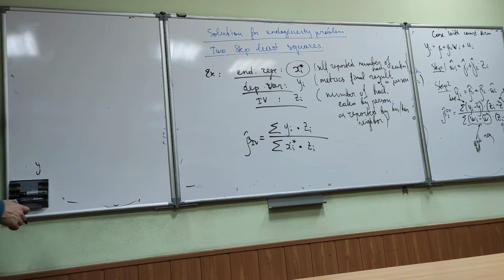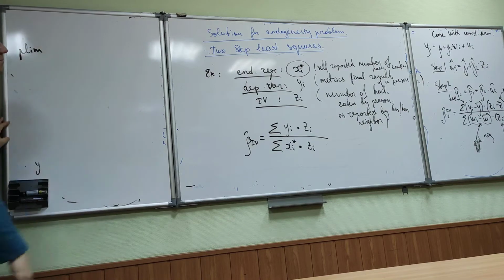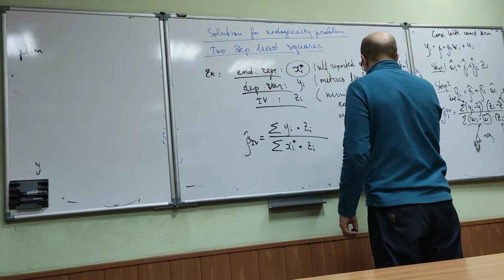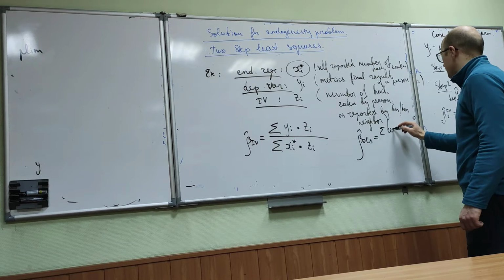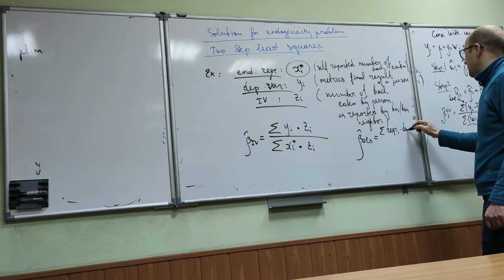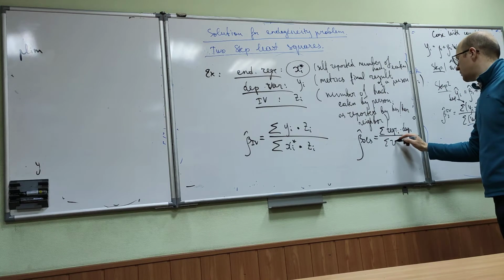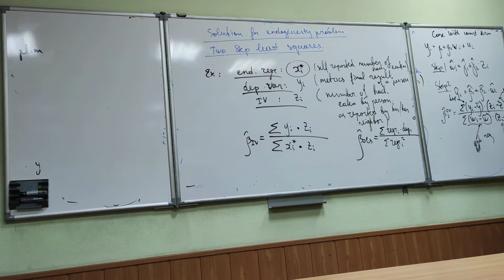Let's check whether this strange approach works. The normal formula, beta OLS, says that we need the sum of regressor times dependent variable divided by the sum of regressor squared.